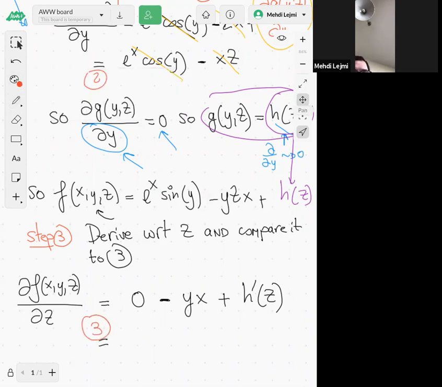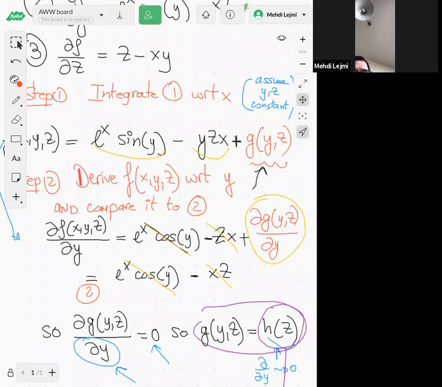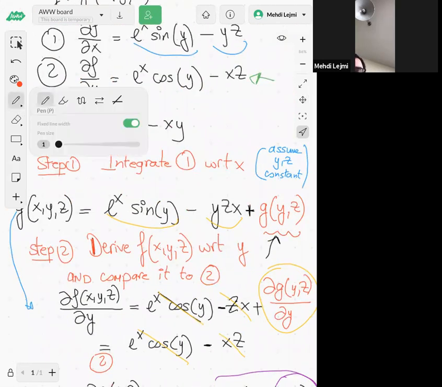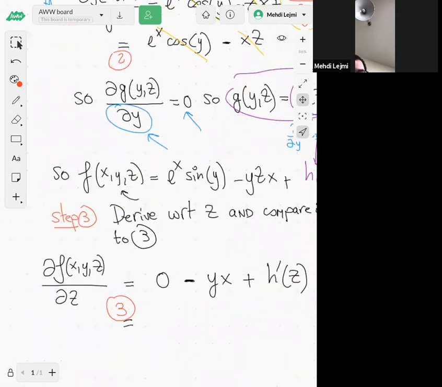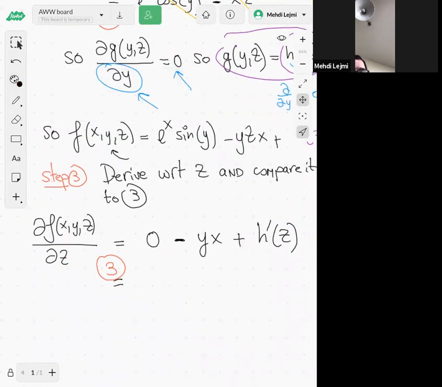So what's equation number 3? Here's equation number 3: the derivative of f with respect to z is supposed to be equal to z minus xy. So this thing here is supposed to be equal to z minus xy.